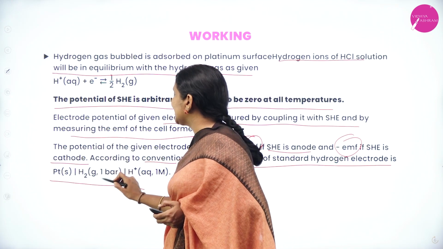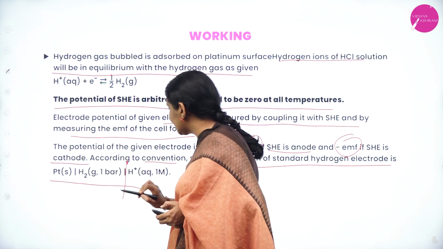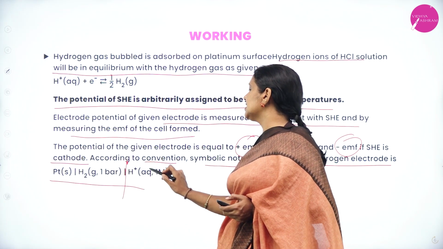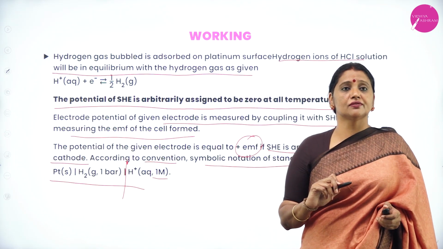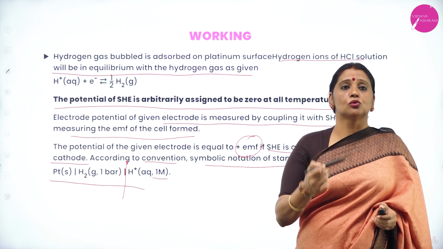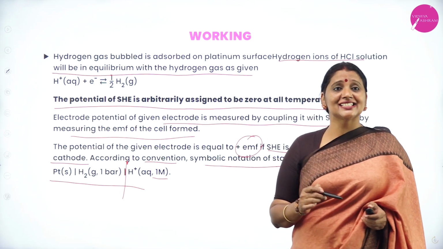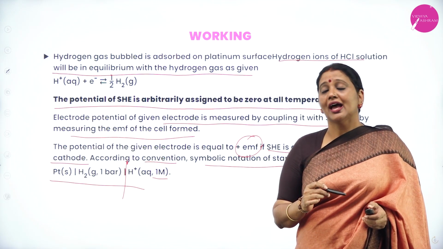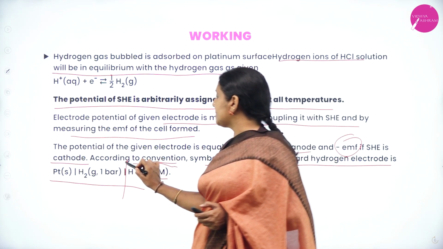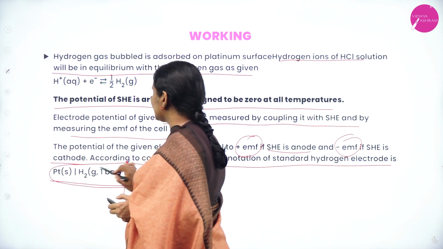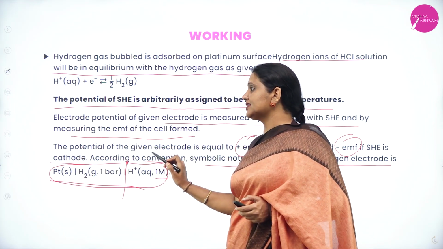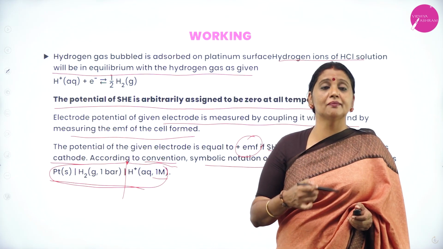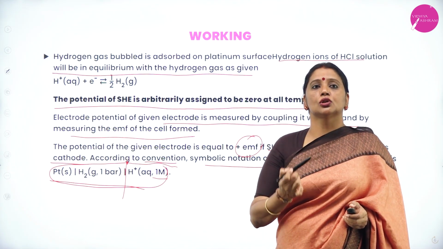The hydrogen gas at 1 bar pressure is in contact with H plus ions, so the concentration of the solution should be 1 molar. So, this is the standard hydrogen electrode, symbolically represented as hydrogen gas adsorbed on platinum plate in contact with H plus ions, which are produced from 1 molar HCl solution.